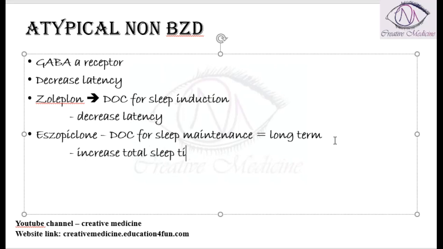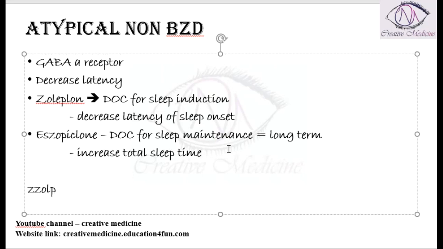So because eszopiclone increases the total sleep time, it is used in maintenance therapy. And zolpidem, because it decreases the latency of sleep onset, with zolpidem the patient gets sleep very easily. So as a result, zolpidem is used for the induction of the sleep.